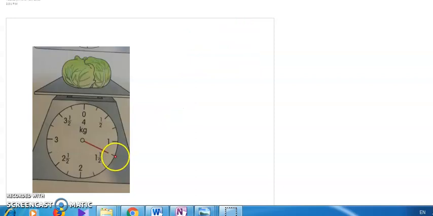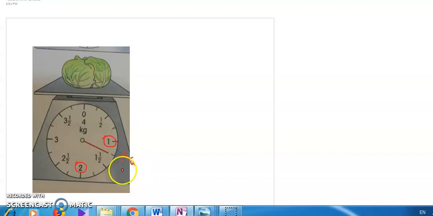You can see in this picture that the reading of the mass scale is before halfway. It is between, if we take the full numbers, 1 and 2, but the reading is before halfway. It is on the quarter reading. It is just showing 1/4.